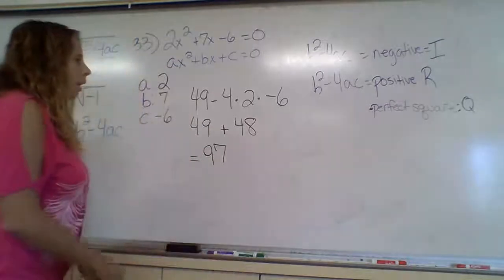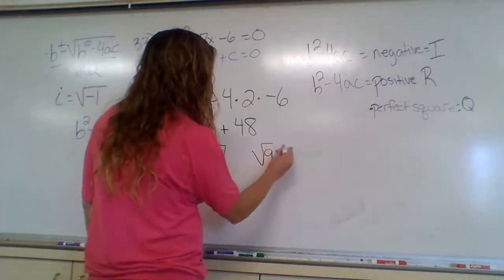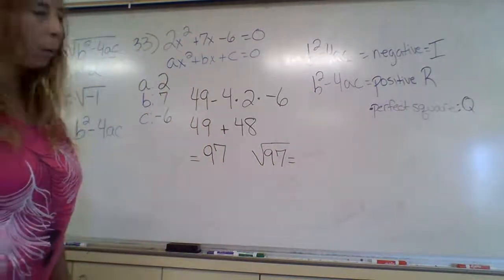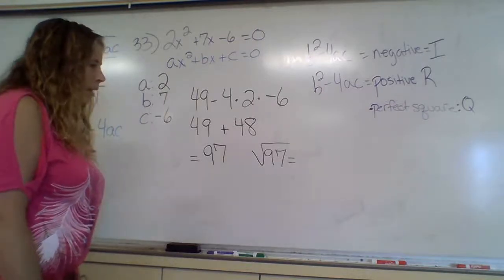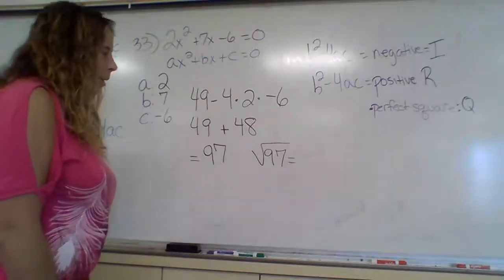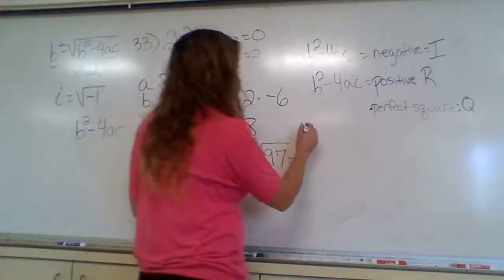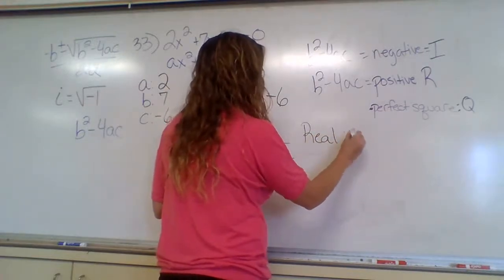So it's going to be irrational, because then you would be taking the square root of 97, and it's not a perfect square, it's some decimal. I don't know what it is, but it's 9 point something. So then your answer here would be real and irrational.